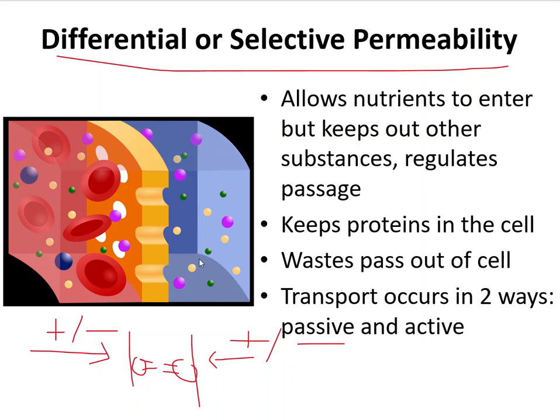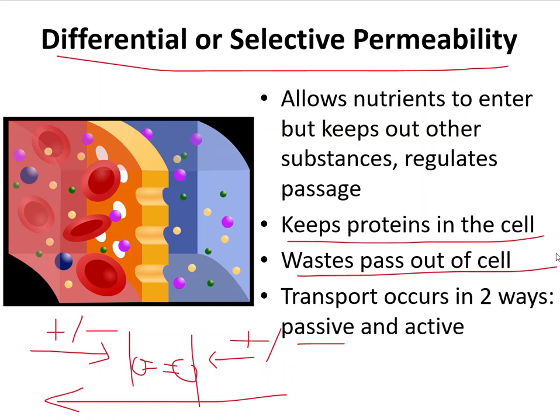So it's selectively permeable. Things that are lipid soluble, that are neutral, don't have a charge, they usually can go right through. This is going to keep our proteins in the cell where we need them. Proteins are normally charged, and some of the waste products are going to pass out.